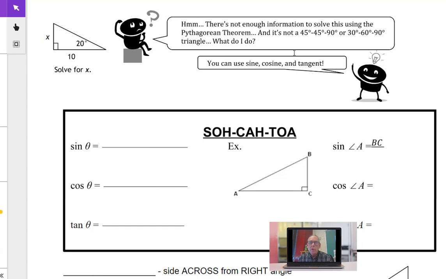Like if we have a 45, 45, 90 or 30, 60, 90, then we know about the ratios of the side lengths. But if it's not a 45, 30, 60, or 90 degree angled triangle, then we have trigonometry that we can use, which involves sine, cosine, and tangent ratios.